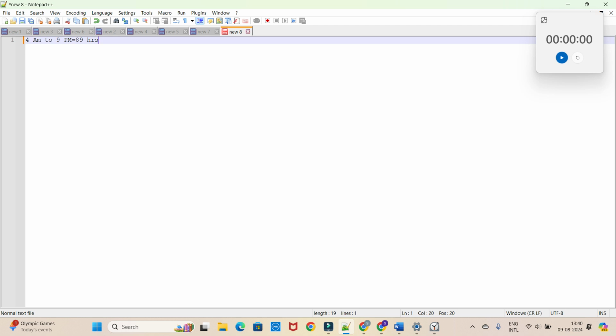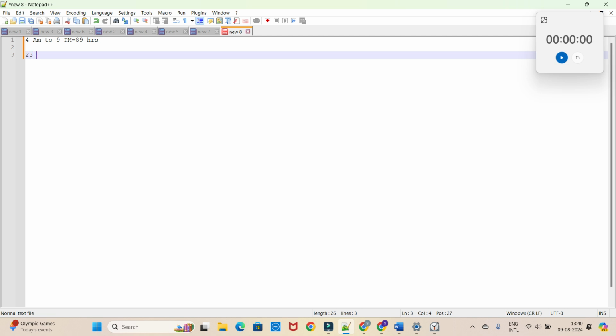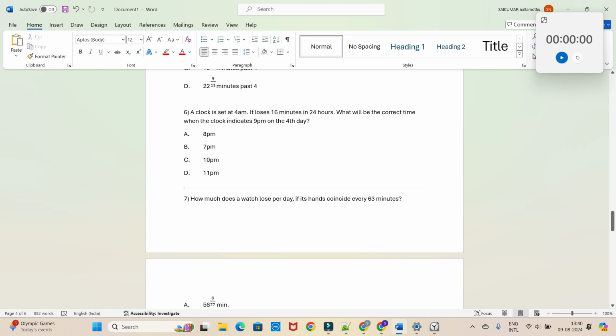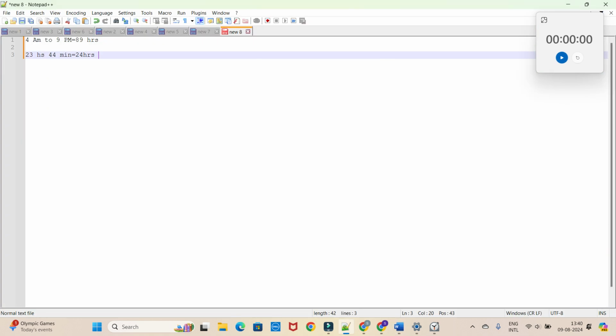As per the question, they are mentioning that 23 hours 44 minutes of the correct clock is equal to 24 hours of this clock, because it loses 16 minutes. So 24 hours minus 16 minutes gives 23 hours and 44 minutes of the correct clock.